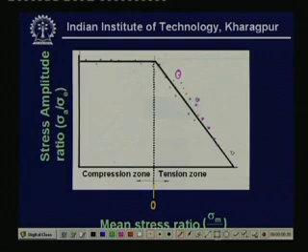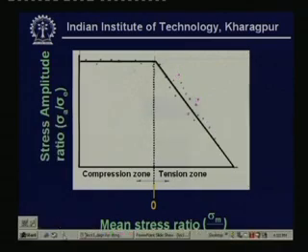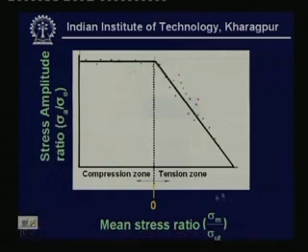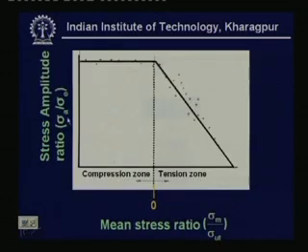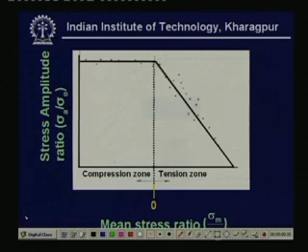In this case, what one can see is that we have the mean stress ratio. What is mean stress ratio? This mean stress ratio is sigma m, that is the mean stress, divided by sigma ultimate. And on this side we have the stress amplitude ratio, which is defined as sigma A by sigma endurance.